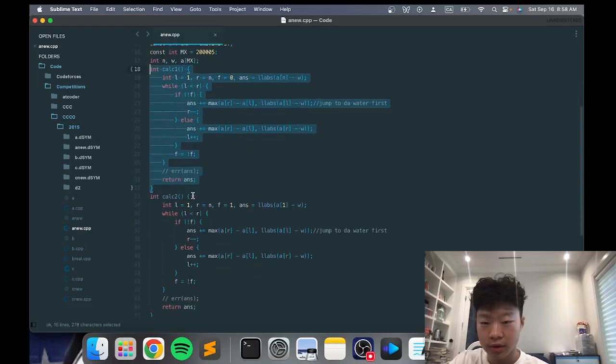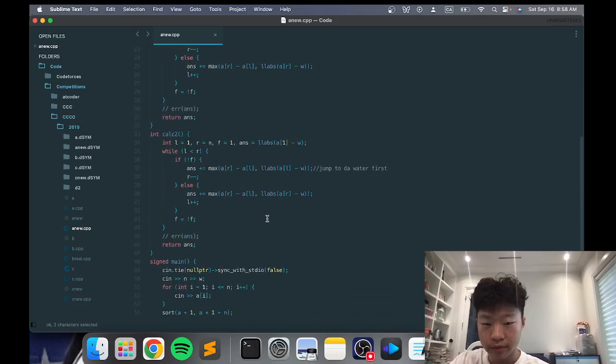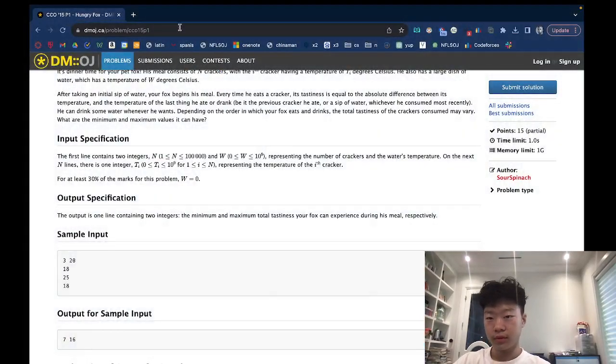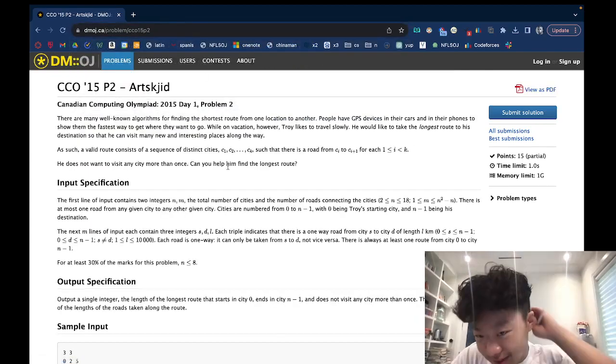And these two codes are basically the same, except this F starts at 1, this F starts at 0. And this starts at 1, and this starts at N. Okay, and then you output the answer. And yes, sir. Okay, that question's pretty easy.